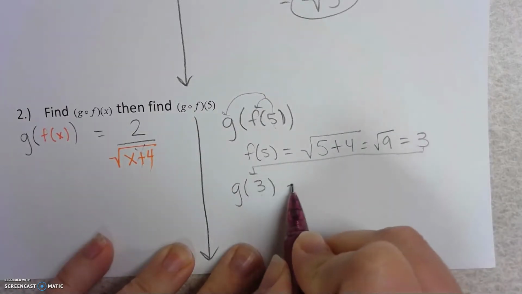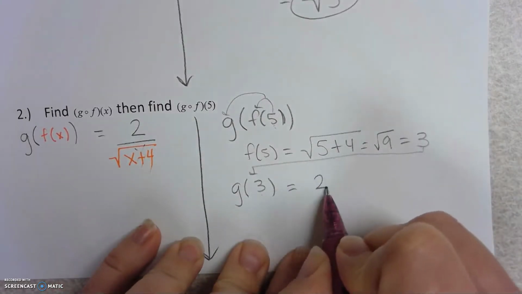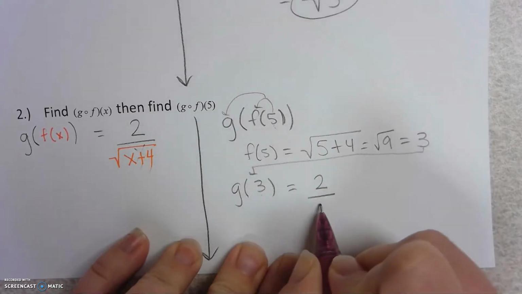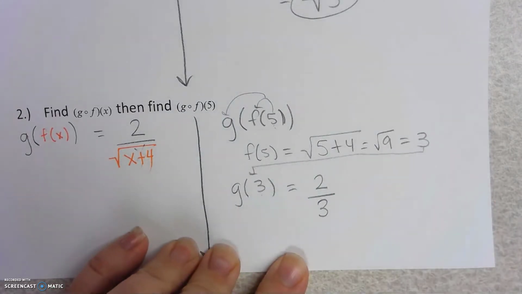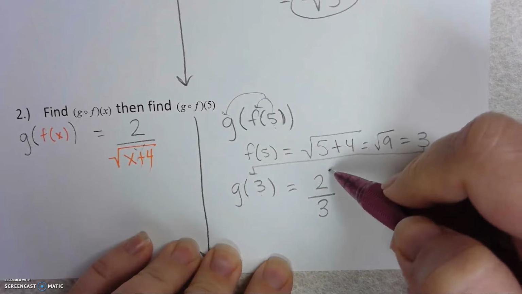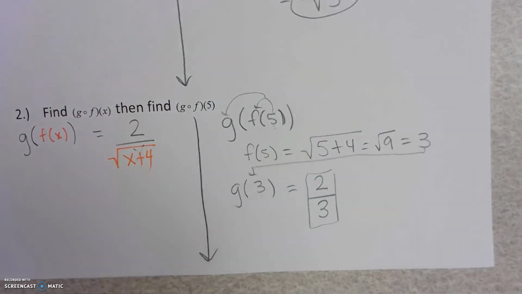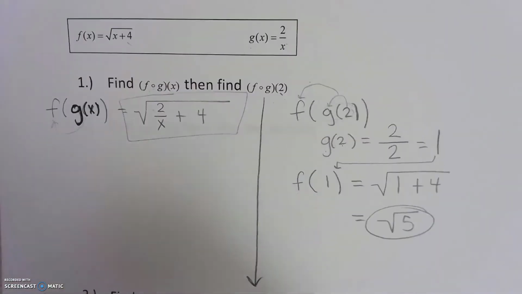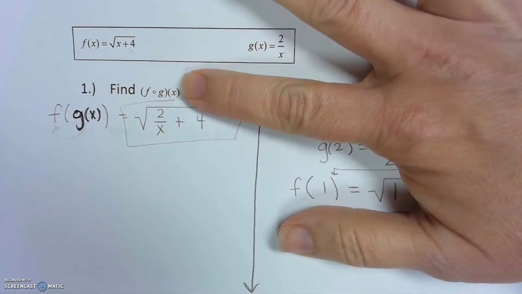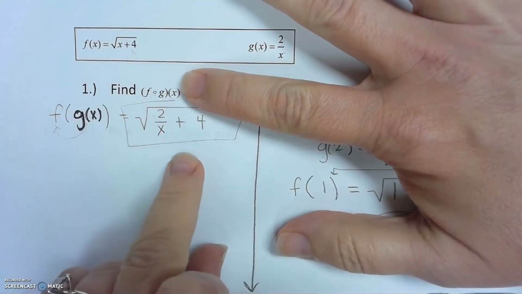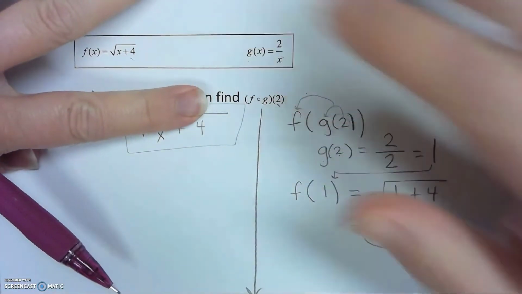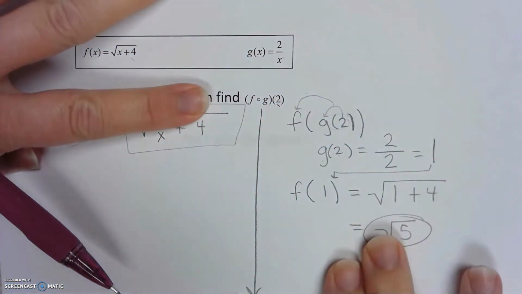That's what I'm now going to plug into g. So I'm going to take the function g, and in place of x, I'm going to put a 3. I can't simplify this any further, so that would be my answer. Okay, so first we looked at if they only give me this, this would be my answer. If they only give me this, this would be my answer.